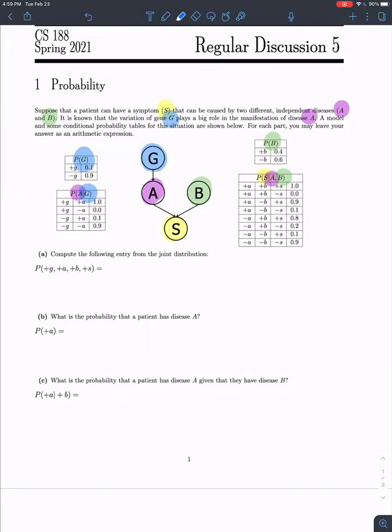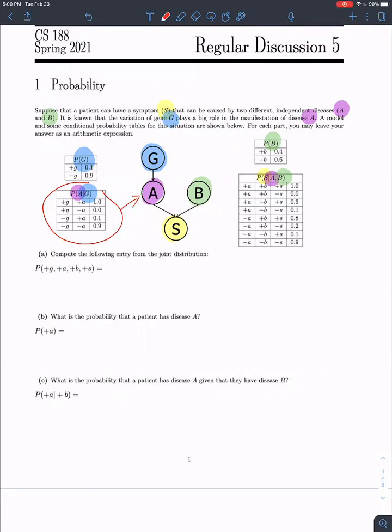All right. So modeling some conditional probability tables for the situation are shown below. For each part, you may leave your answer as an arithmetic expression. So what we're saying is that the probability of getting G at all is 0.1 that you have the gene and 0.9 that you don't. What about the probability that you have A, given that you have G?